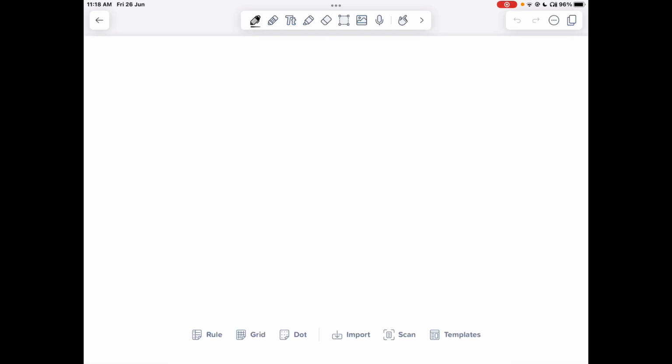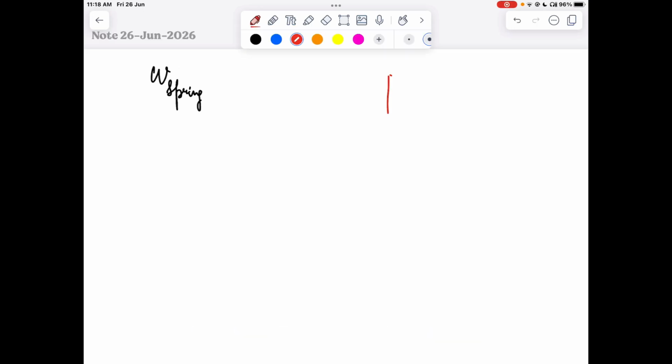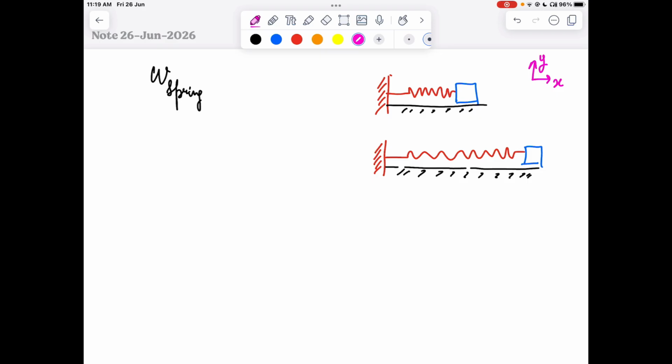Okay, so now let's look at another example. Let's now look at the work of a spring force. So we have a spring which is initially not stretched, to which is attached a body of mass m. Then after some time that spring is stretched. Let's actually define x equal to 0, that is the origin, at the position of the undeformed spring.